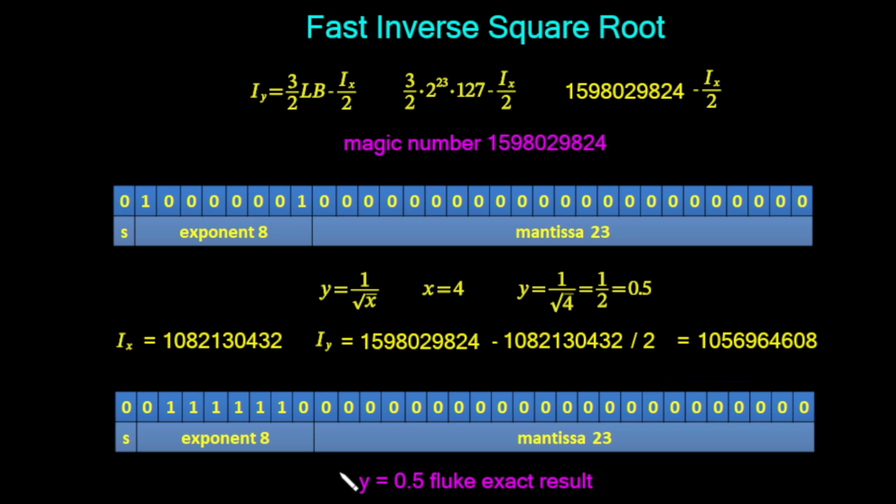So in this instance, with this particular value for our magic number, and whenever we look at working out the inverse square root of 4, it turns out that this is a bit of a fluke. We actually get an exact result. So I happen to have picked a value here that gives an exact result. Now that wouldn't normally happen, and in fact if I was to choose most other values, we wouldn't get exact results.